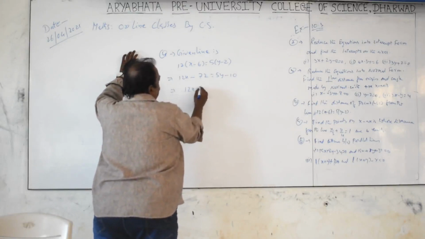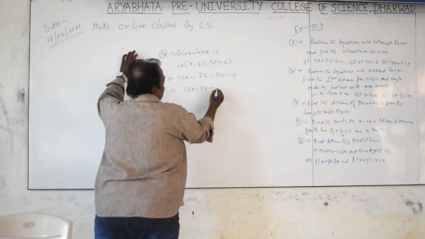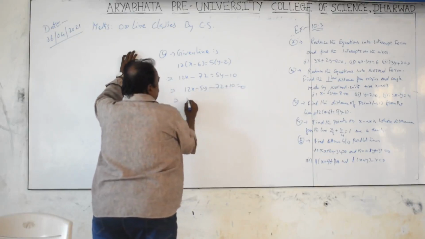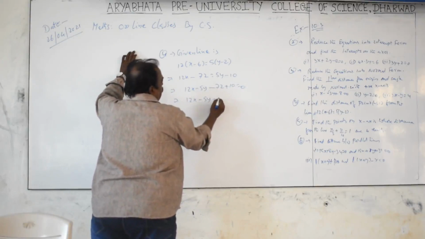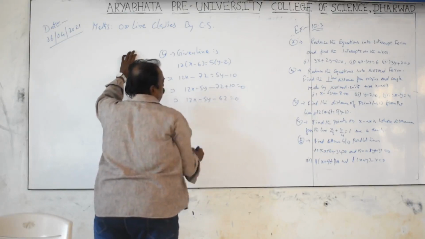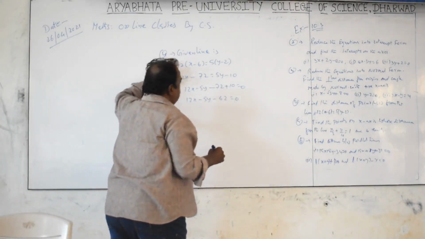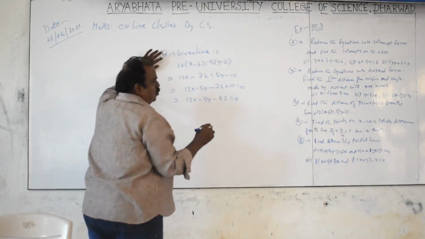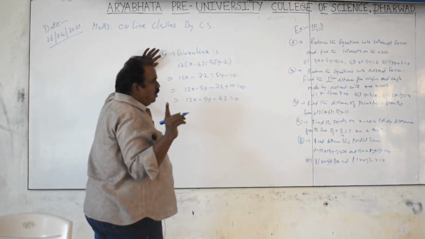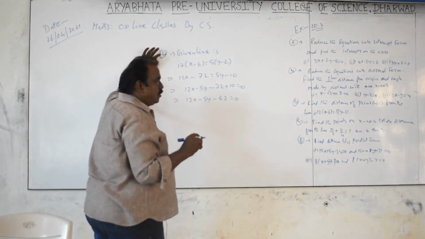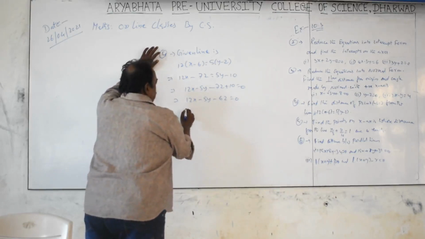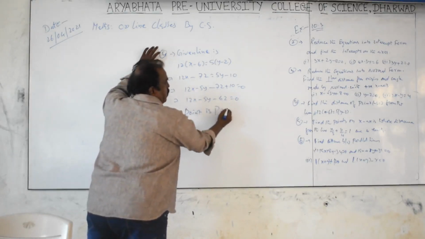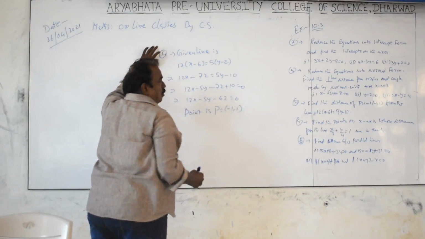It is 12x minus 5y minus 72 plus 10 is equal to 0. 12x minus 5y minus 62 is equal to 0. So the line is 12x minus 5y minus 62 is equal to 0. Now, the given point is capital P equal to minus 1 comma 1.